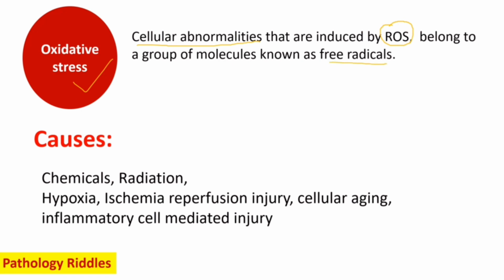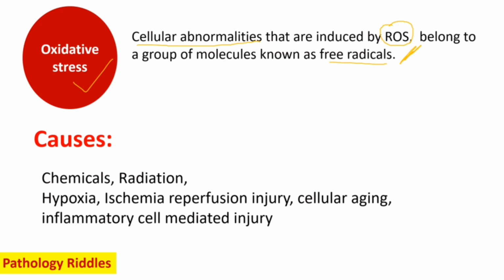They have a single electron in the outermost orbit, so they are very unstable. So the reactive oxygen species belong to free radicals, which are very unstable molecules, and the cellular abnormalities caused by this ROS, or reactive oxygen species, are called oxidative stress.